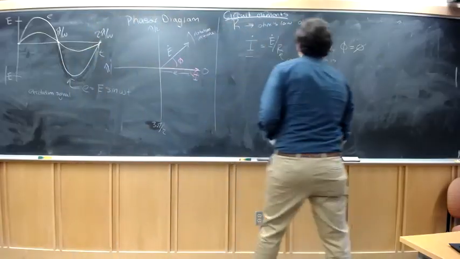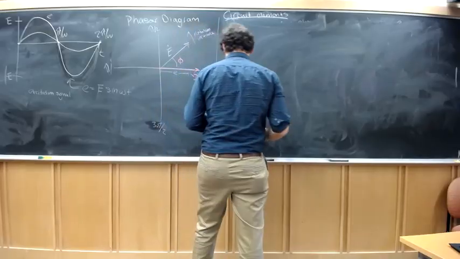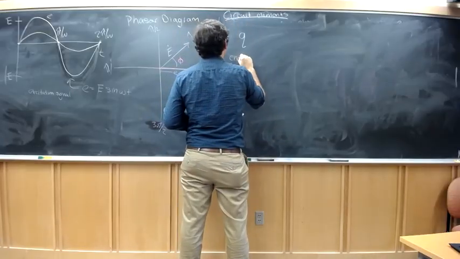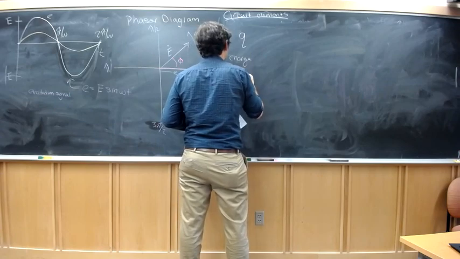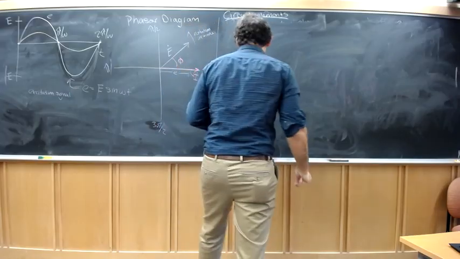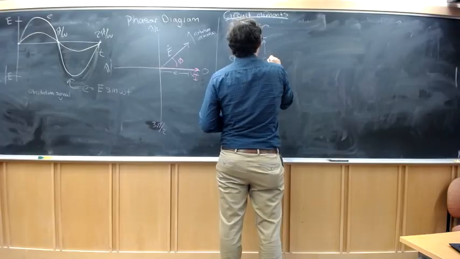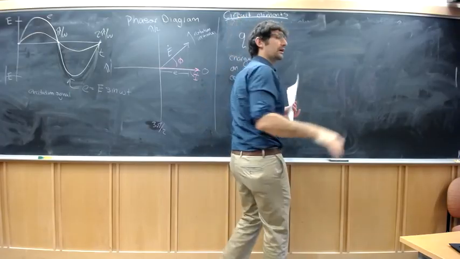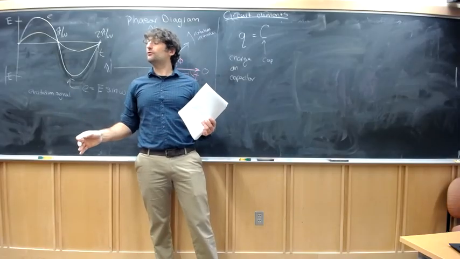A capacitor is a little more complicated. So Q is going to be the charge on the capacitor. Q is equal to the capacitance, C. This is a geometric quantity related to the electrode under study.